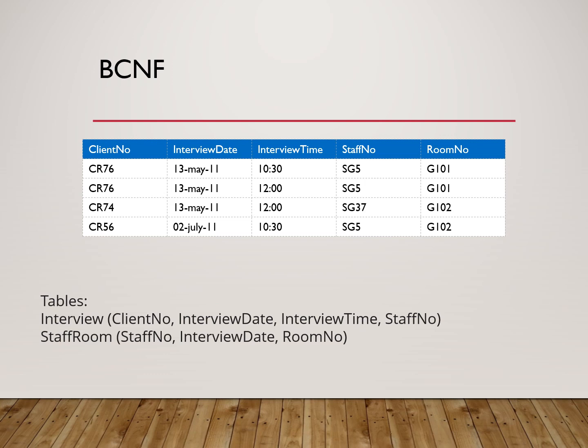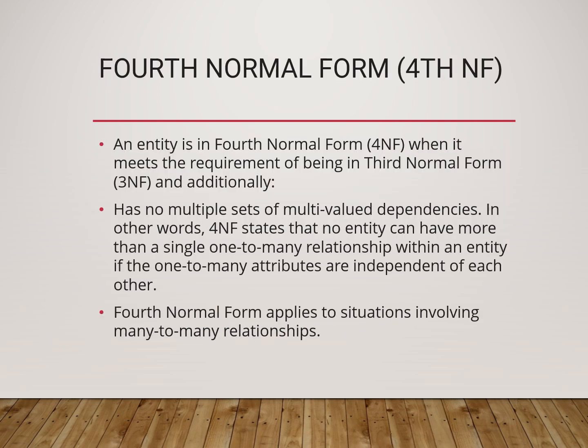In fourth normal form, we reduce multiple sets of multi-value dependencies. Fourth normal form must meet the requirement of third normal form, and additionally we should not have multiple sets of multi-value dependencies.